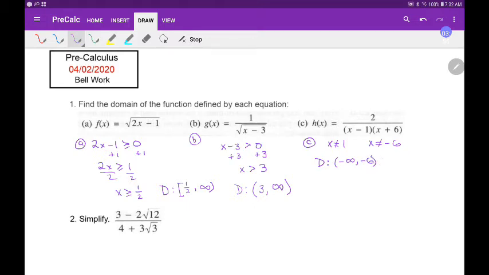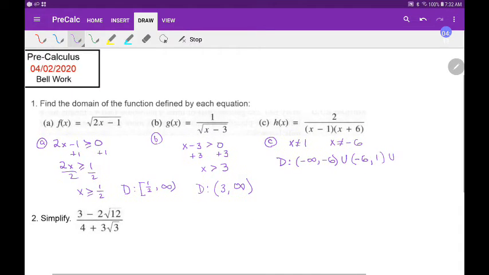And then I could say the union of that set and the union of 1 as we go on up to infinity. So basically we're just leaving out 1 and -6. And if you want to put commas instead of the union of sets, that's fine. So that's good.